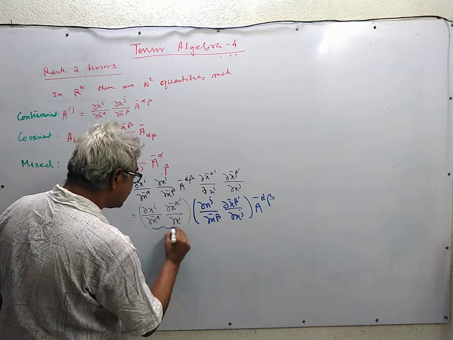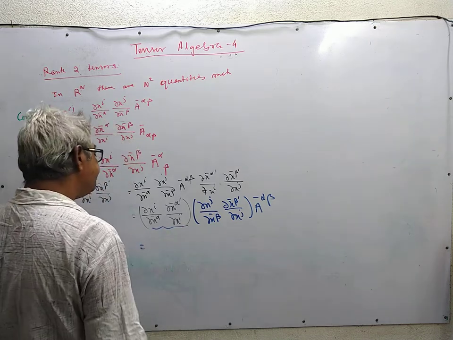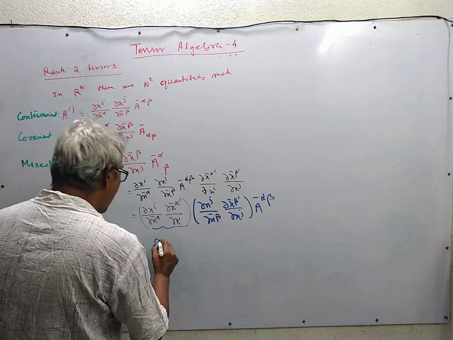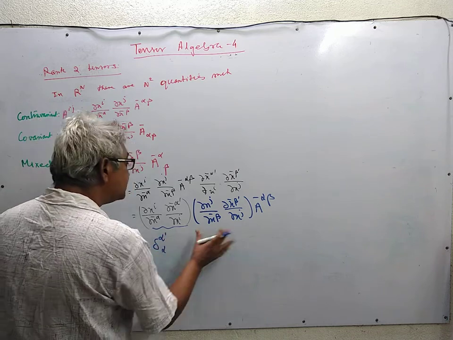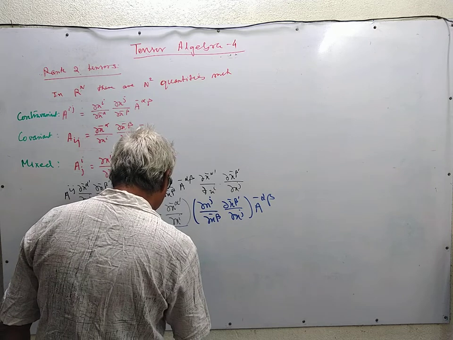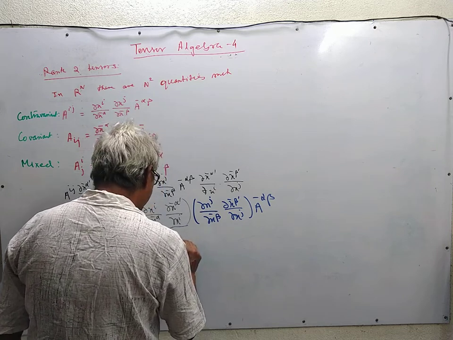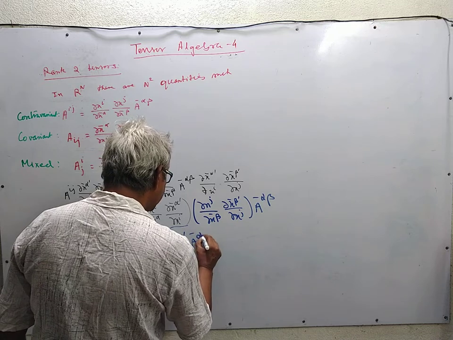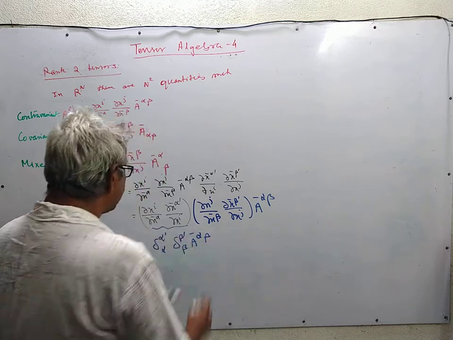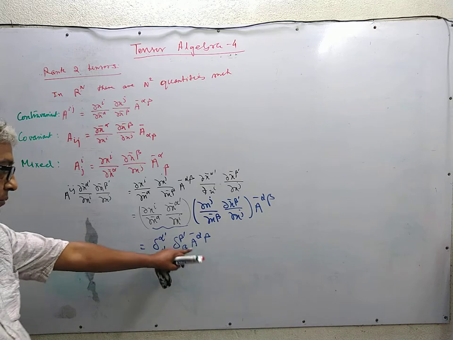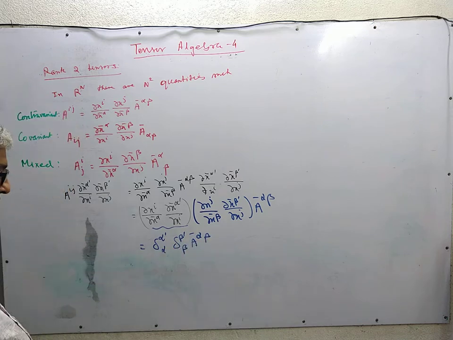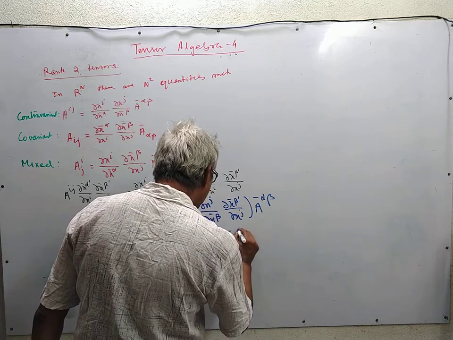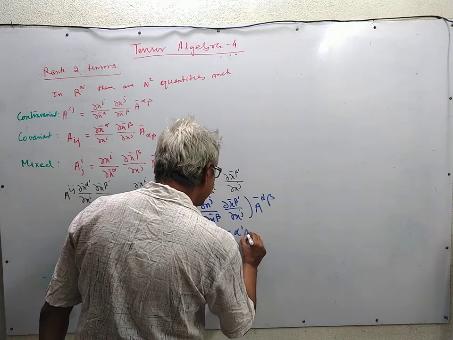This part is a delta function. It is a delta function of alpha prime alpha, and this part is another delta function, beta prime beta, a bar alpha beta. On the right hand side there is a sum over alpha and beta because the indices are repeated. So this becomes a bar alpha prime beta prime.